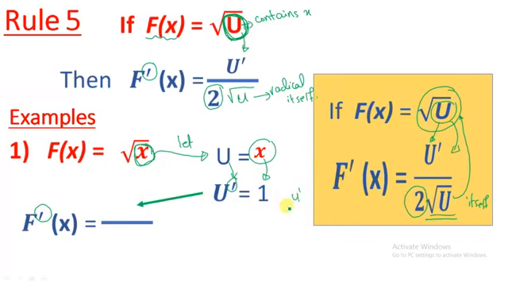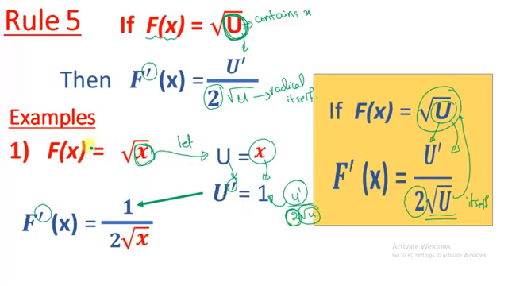u prime over 2 radical u. First we will substitute u prime, which is 1. So 1 over what? Over 2. You see it in the rule, 2. We write 2, then we will write the radical we have, the radical itself. So 1 over 2 radical x.